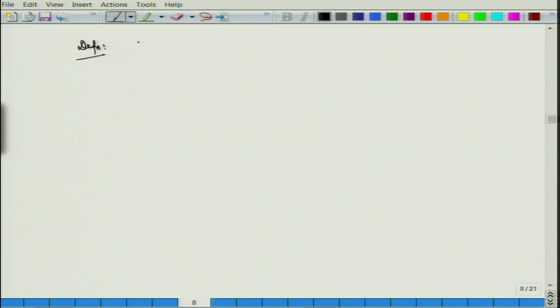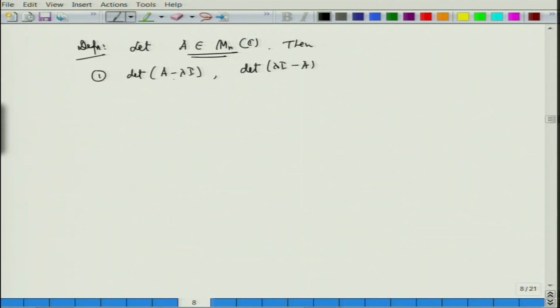So let A belong to Mn of C. I may not write again and again this part, A belongs to Mn of C. We will just assume it is. Then, 1, determinant of A minus lambda I, or in many books they look at determinant of lambda I minus A. So A is n cross n, so I is also I sub n.